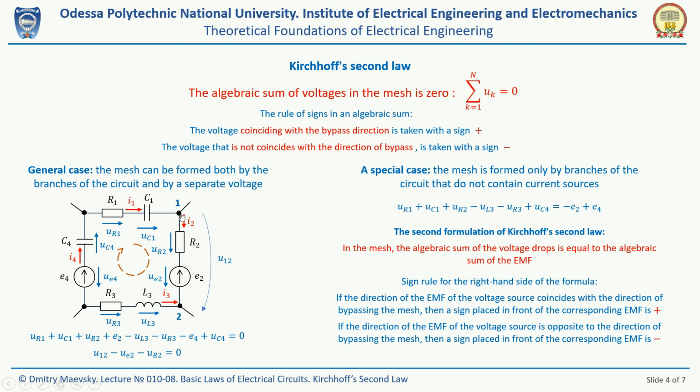Let us start in this first node, and we will go not through this branch, but through this voltage U1,2. We are going clockwise. That's why we can write this voltage with a plus sign in Kirchhoff's second law.